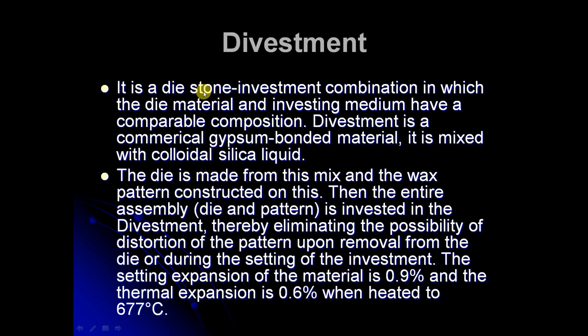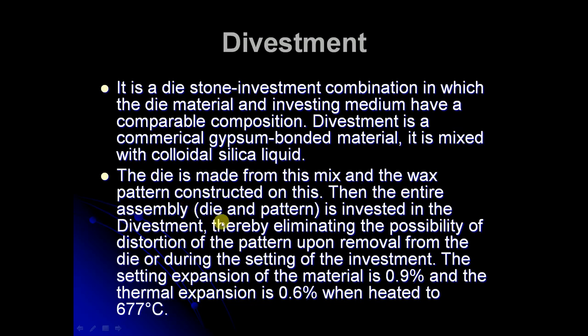Divestment is a die-stone investment combination in which the die material and the investing medium have a comparable composition. Divestment is a commercial gypsum bonded material. It is mixed with the colloidal silica liquid. The die is made from this mix and the wax pattern is constructed on it.